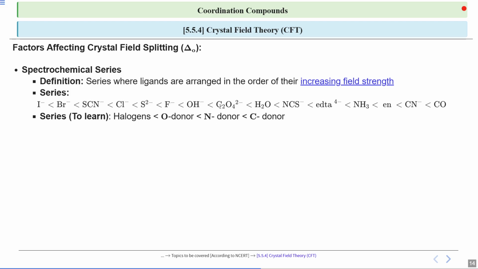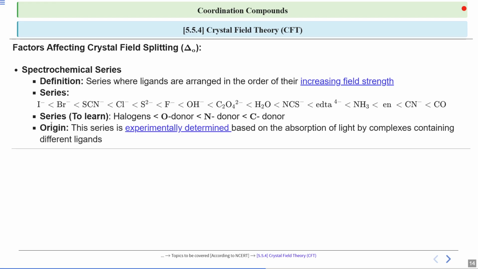Then we have nitrogen donor ligands like NCS negative, EDTA4 negative, ammonia. Then we have carbon donor ligands like en, CN negative, and CO. Actually en also comes in the nitrogen donor, while CN negative and CO come in the carbon donor. So this is the way in which you can learn the series. It will be easier.